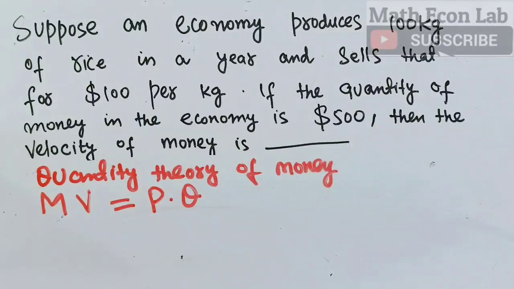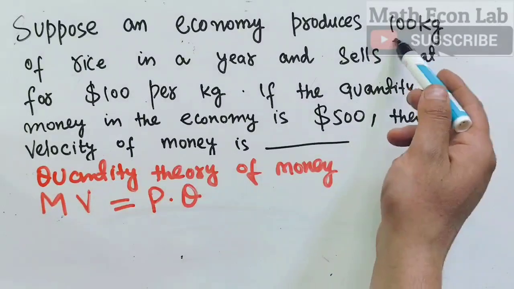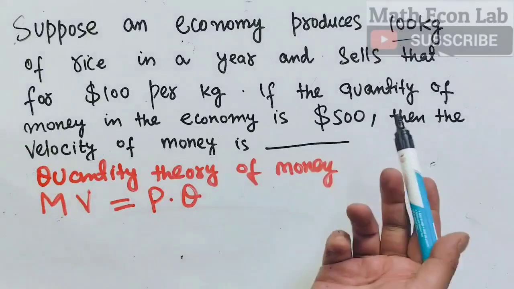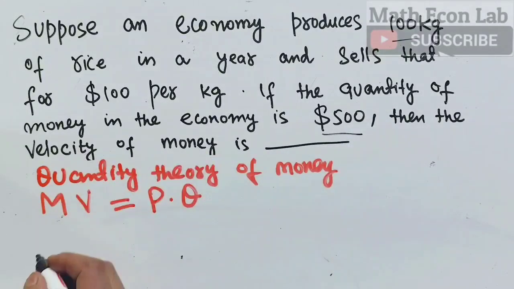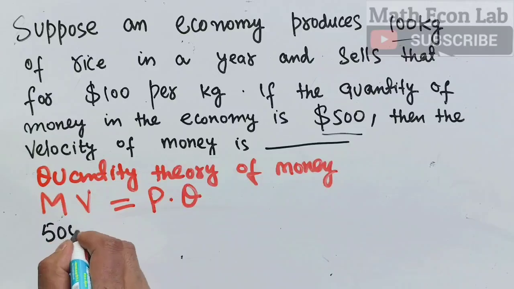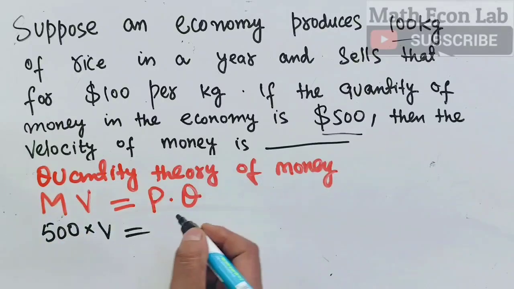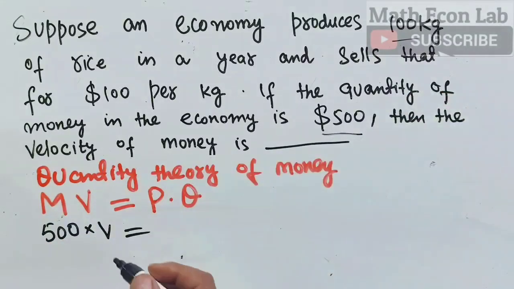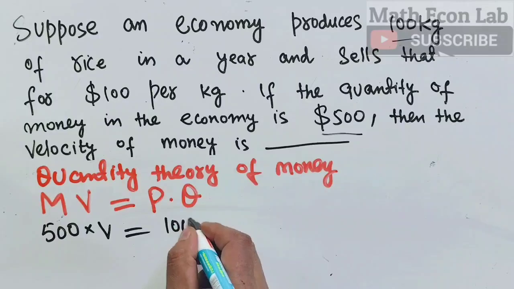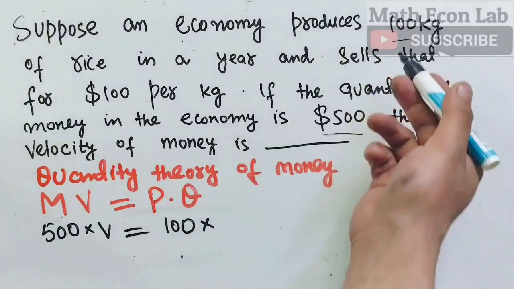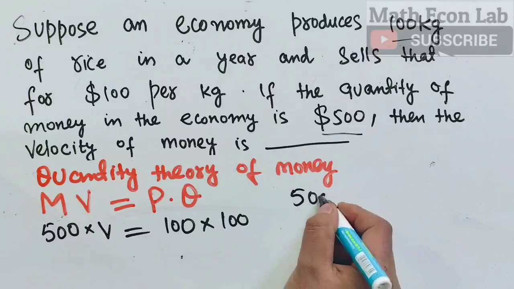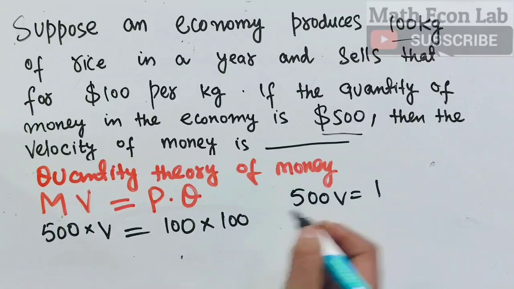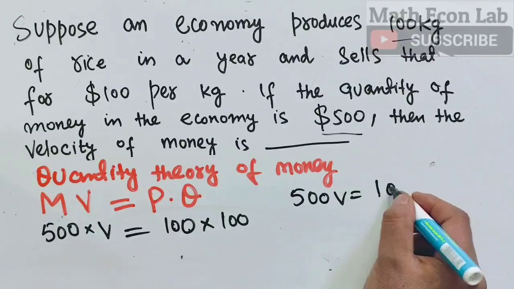Here GDP is output, that is 100 kg. So money supply is given as 500, times V should be equal to the price, 100, times the output produced, 100.